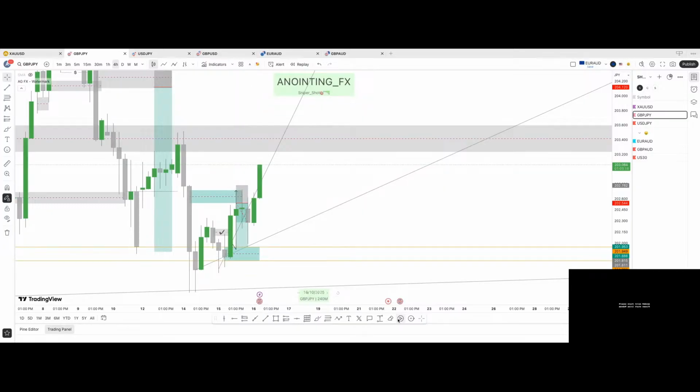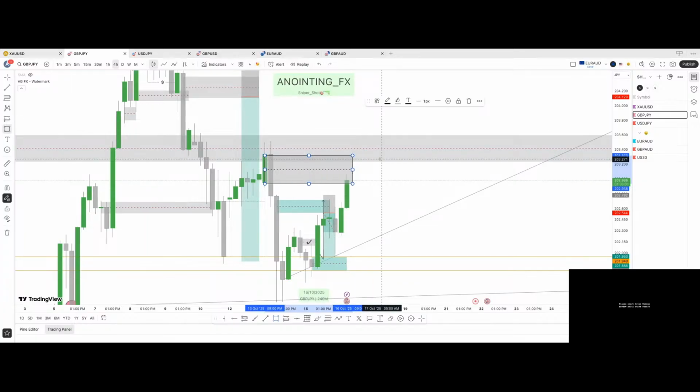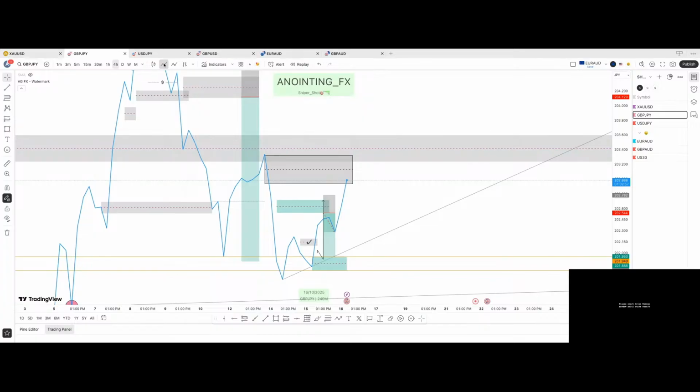Let me just delete this trend line so you can see clearly that you have a nice zone here where price has already tapped in. But let me see if I can get a trend line to reduce the risk of this trade. I have a trend line here, and I have another trend line to here.